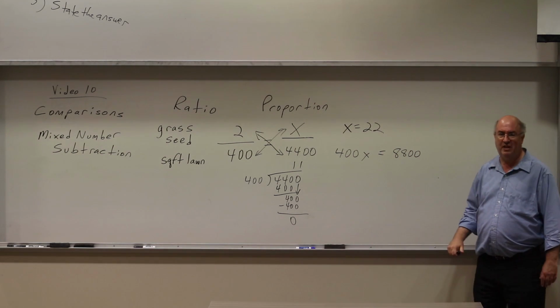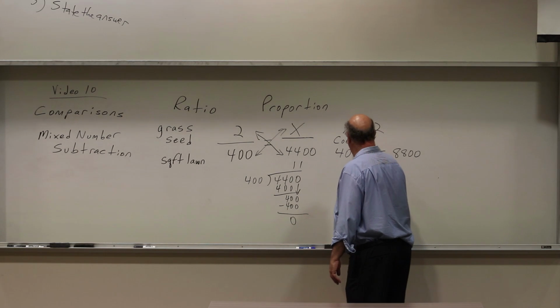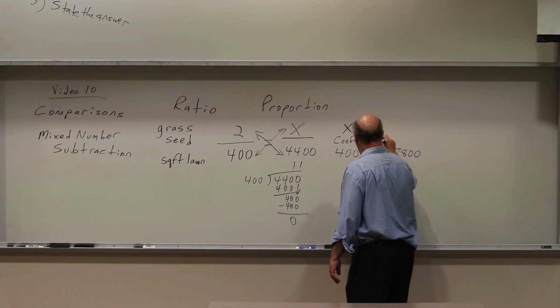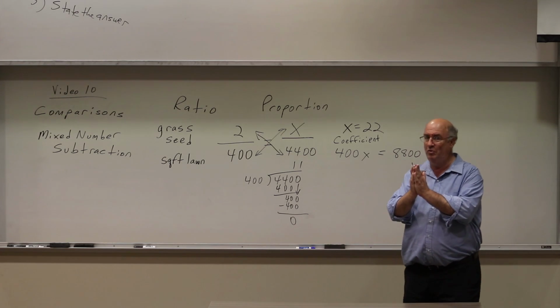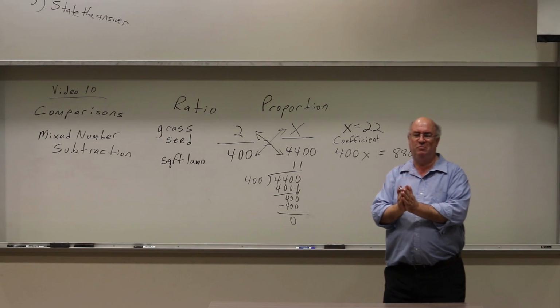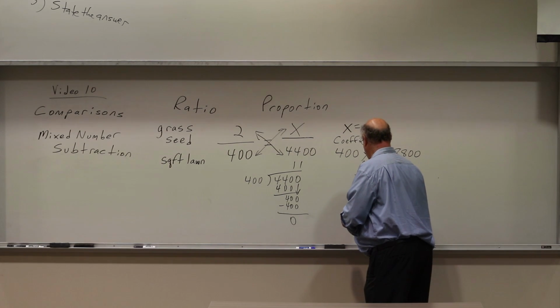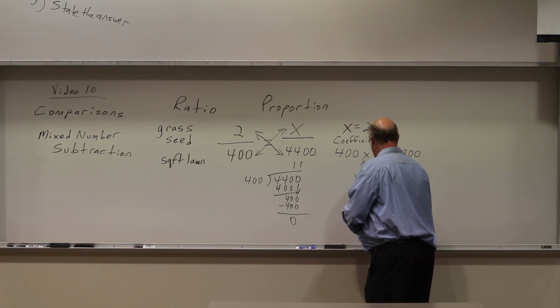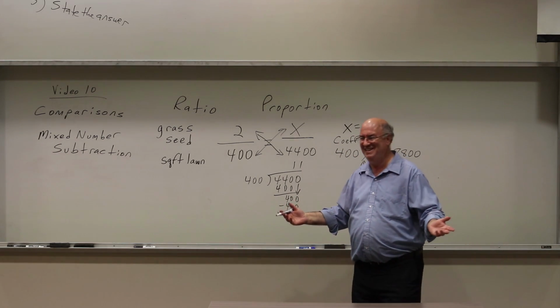Okay, this is now algebra. The number that's matched up with our unknown, or our don't know, or in algebra terms, it's called a variable. Doesn't that sound better? Variable instead of I have no idea what this thing is?